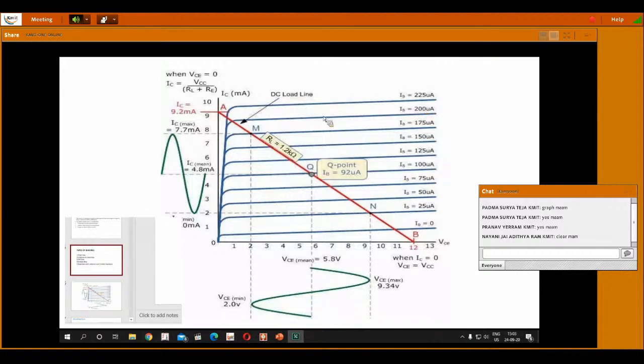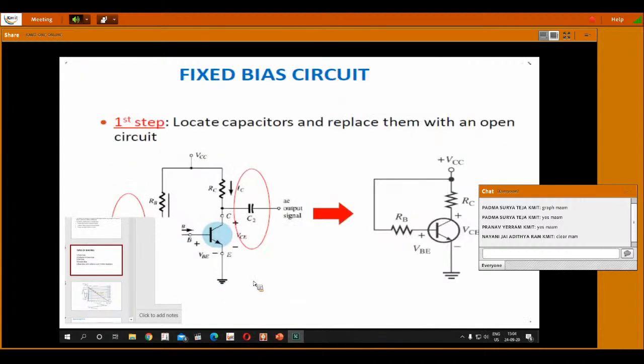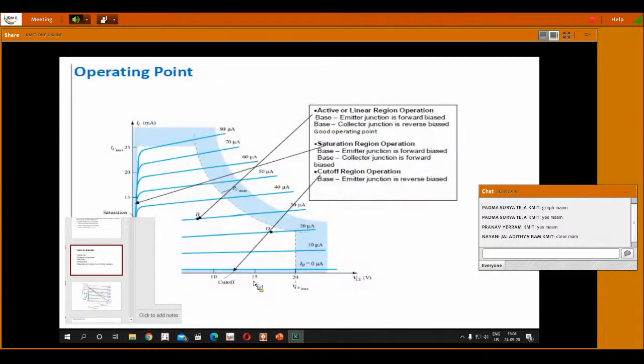Now, how to draw this DC load line? In order to draw the DC load line, we have to take down the common emitter configuration circuit. This is the common emitter configuration circuit, right?